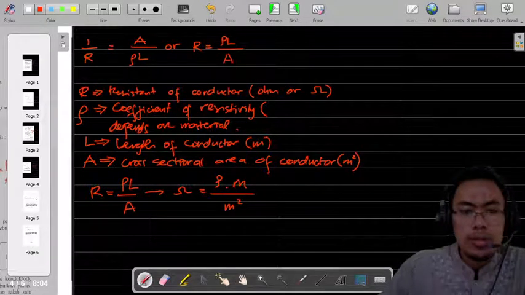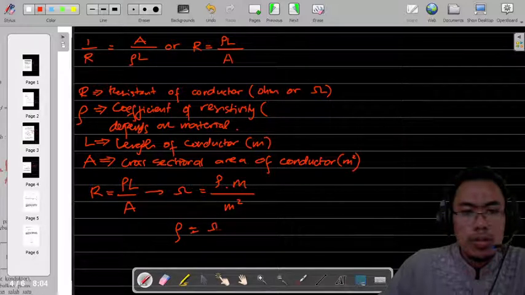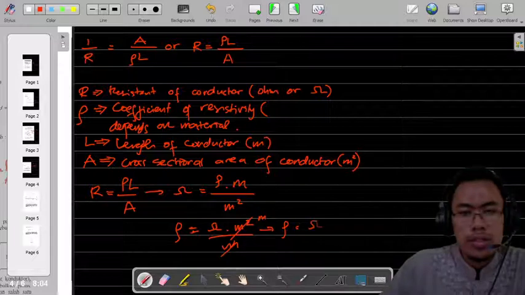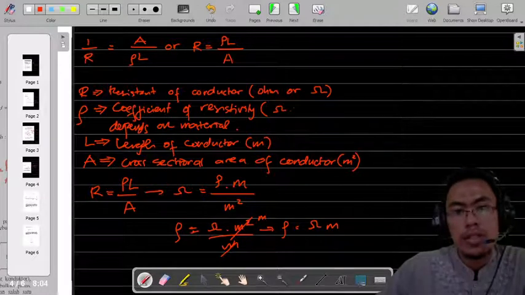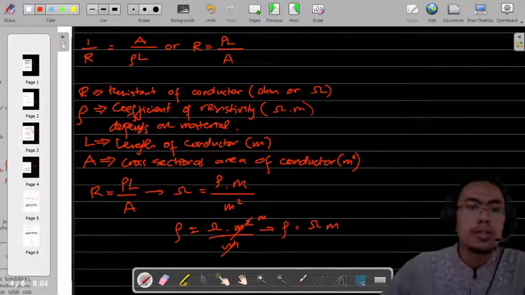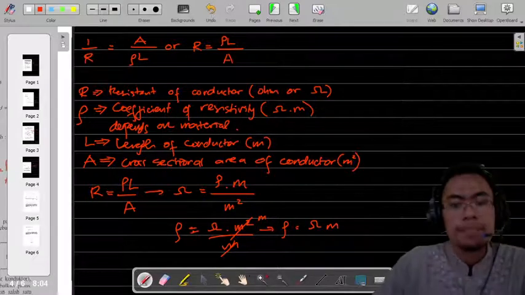So rho will be equal to omega times m square divided by m. So the unit of rho is omega meter.